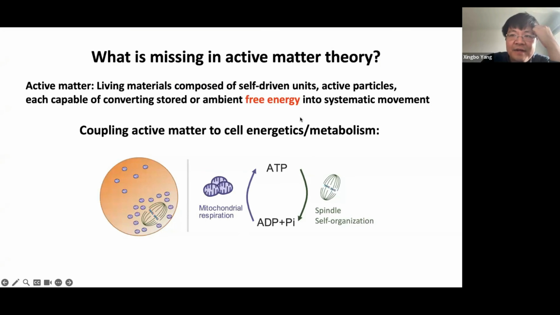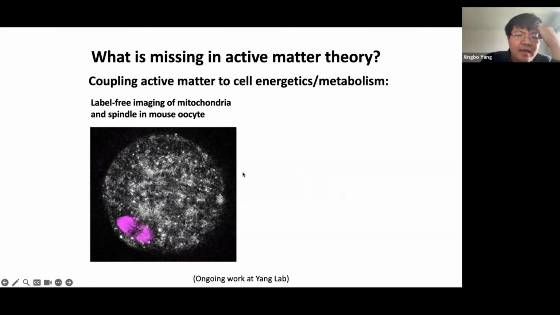But here, the idea is: how do we couple active matter theory to cell metabolism conceptually? This is to prime you for the next lecture: we can study this in a cell because we can measure metabolism with high enough spatial and temporal resolution through imaging, right?